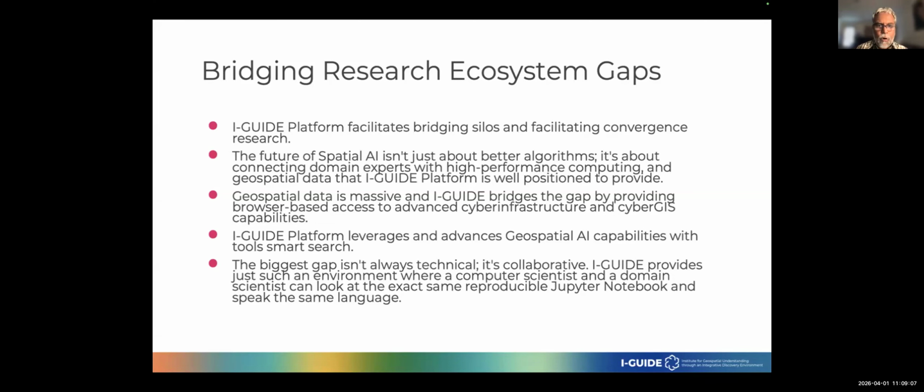The geospatial data on the platform also bridges gaps by providing browser-based access to advanced computing environments like cyberGIS capabilities. As I said, it's a scalable environment, so you do small analysis and then you can use HPC to scale to larger computing. The platform also leverages cyberGIS and geospatial AI capabilities, and we have tools such as Smart Search, which help you integrate this knowledge.